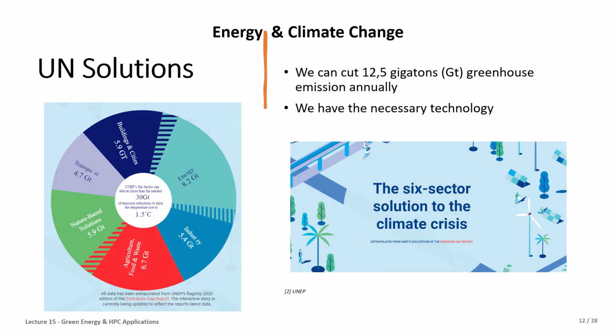Developing green energy applications is very important. As you can see, based on this United Nations report, there are 6 sectors of solutions to the climate crisis, through which we can cut 12.5 gigatons of greenhouse emissions annually. And we have the necessary technology for it.